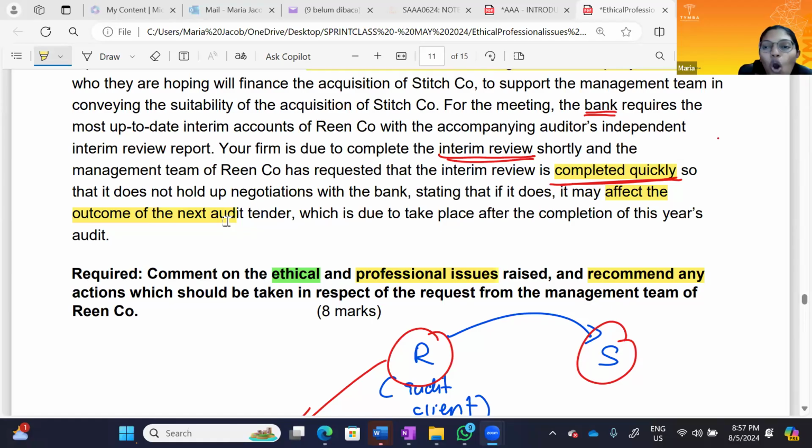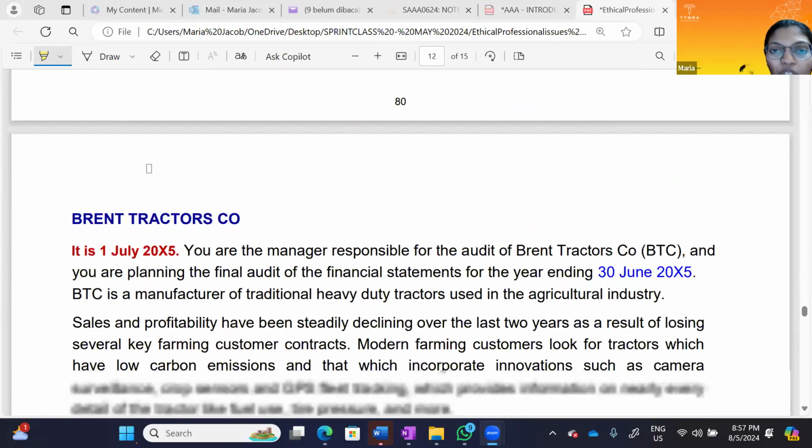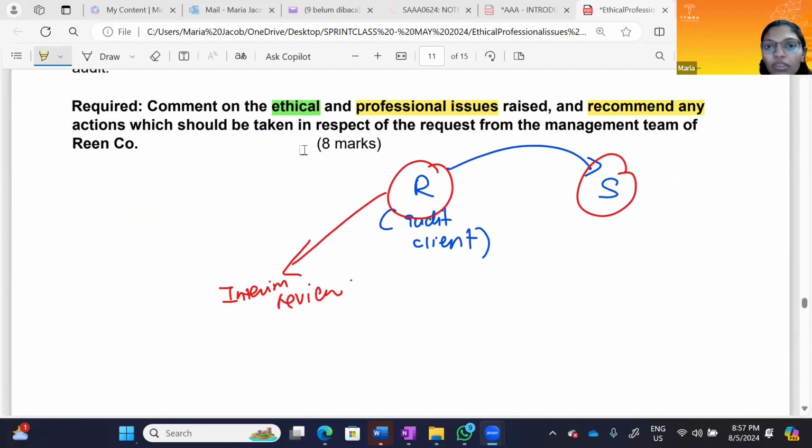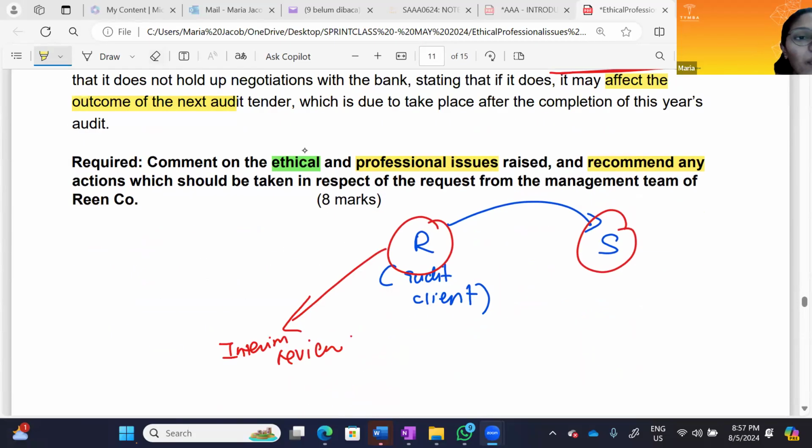Okay, so the obvious points that we have noticed are these two. But we have 8 marks to score. So is there any other professional issue that you have come across? Is there any professional issue that you think we can discuss?